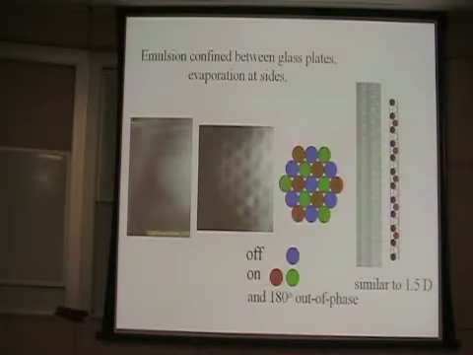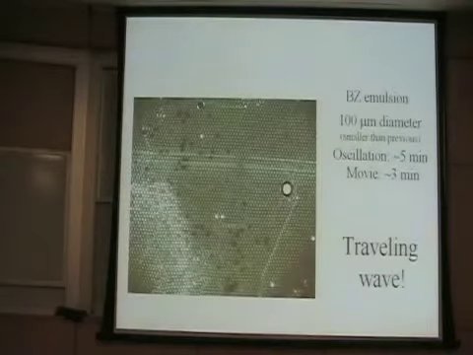Then the middle one just decides to turn off, and the other ones oscillate 180 degrees out of phase, but with the 180 degree phase shift, which we're used to. So we adopt this pattern, and the conditions are just very similar. There are a lot of dynamical states here, and it's a very rich system.